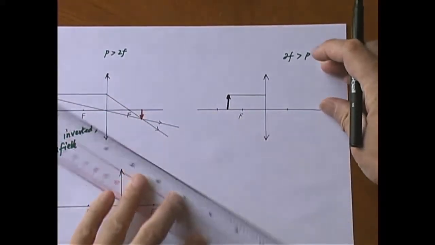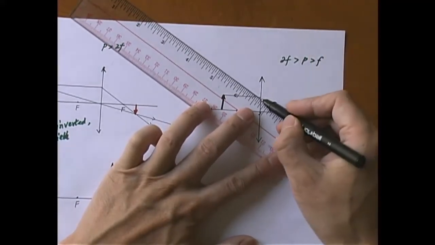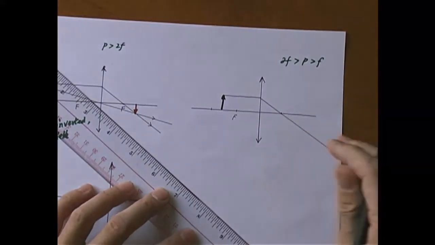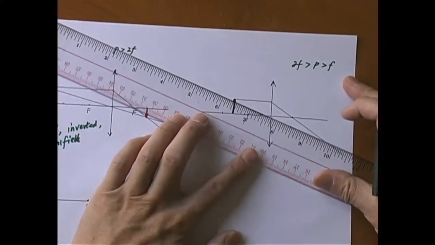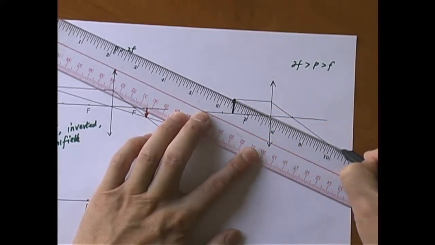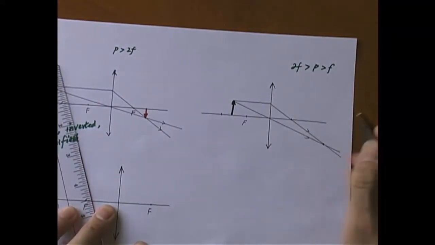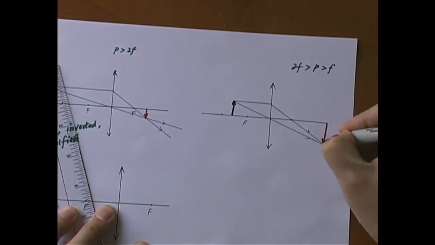I know that it is going to cross the focal point here. Another light ray aimed at what? The optical center, like this, right? It's going to go right through. Okay, once again, these two light rays will meet over here. This, therefore, is the location of our image, right here.